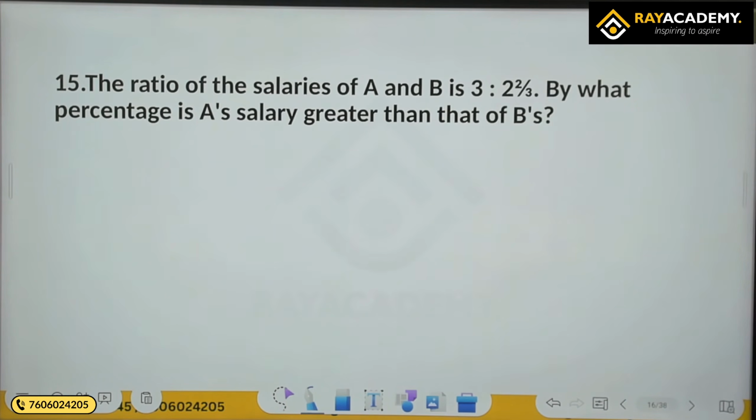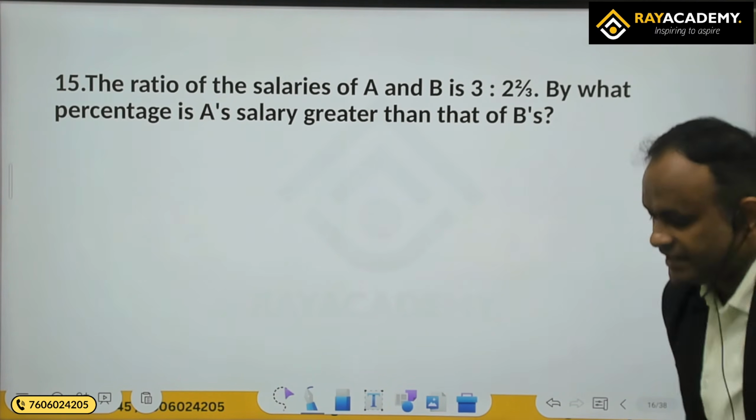Next question. The ratio of salaries of A and B is 3:2 whole 2/3. By what percentage is A's salary greater than that of B? So salary is given, the ratio is given, 3 and 2/3. So they are asking how much higher A's salary is than B. So what can I do?